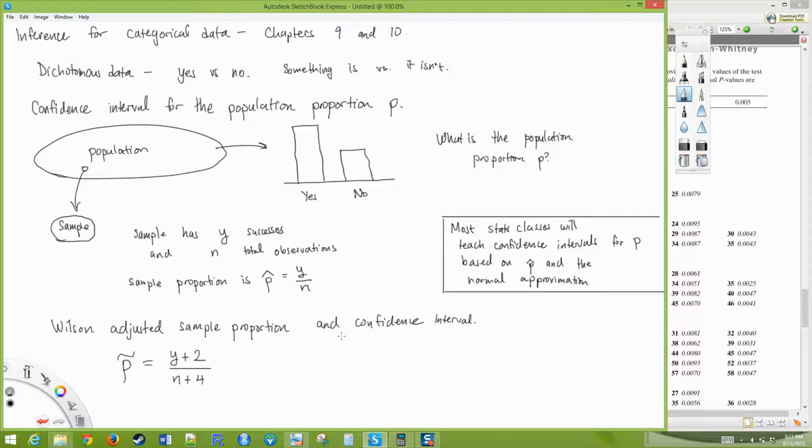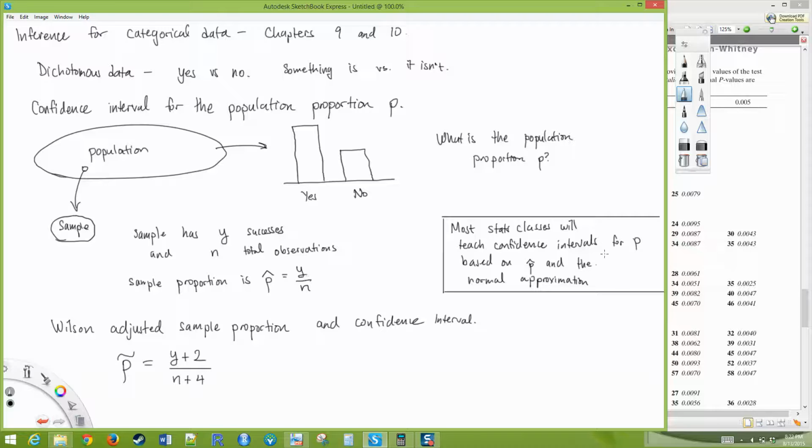When we create confidence intervals based on this, it gives us slightly better performance. It also helps us in extreme cases. Let's say you're looking for a rare disease. How many people have some rare disease? Maybe you survey 100 people and nobody has it. In that case, your sample proportion is 0.